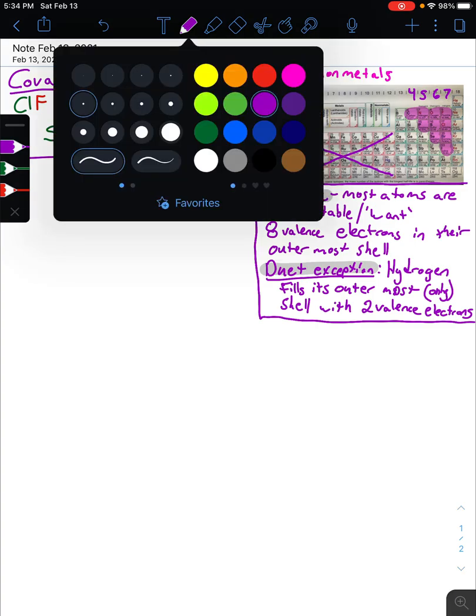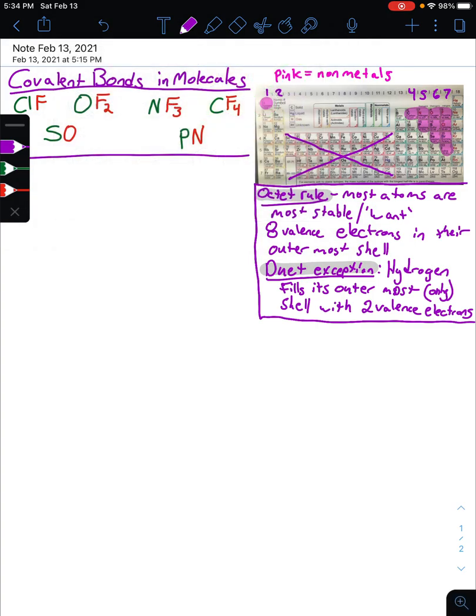All right, so to look at our first example here, chlorine meets fluorine. First thing you want to do is find out how many valence electrons they have. Chlorine has 7, fluorine has 7. They both have 7 valence electrons. If we're thinking the octet rule, they are both 1 valence electron away from meeting their needs.